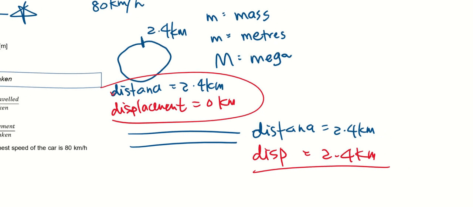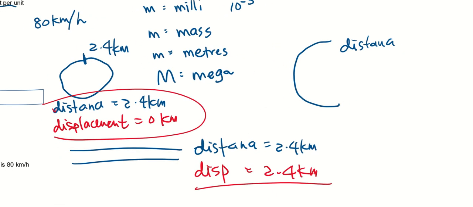Okay, so now our school track changes again. The distance traveled is 2.4. How about the displacement?